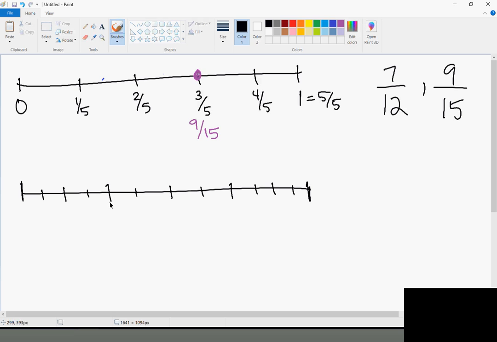Okay, so this was 1/3, 2/3, 3/3. I divided the thirds into 6. 1/6, 2/6, 3/6, 4/6, 5/6. I divided the 6 into 12. I divided each little section here. So this is 1/12, 2/12, 3/12, 4, 5, 6, 7/12.